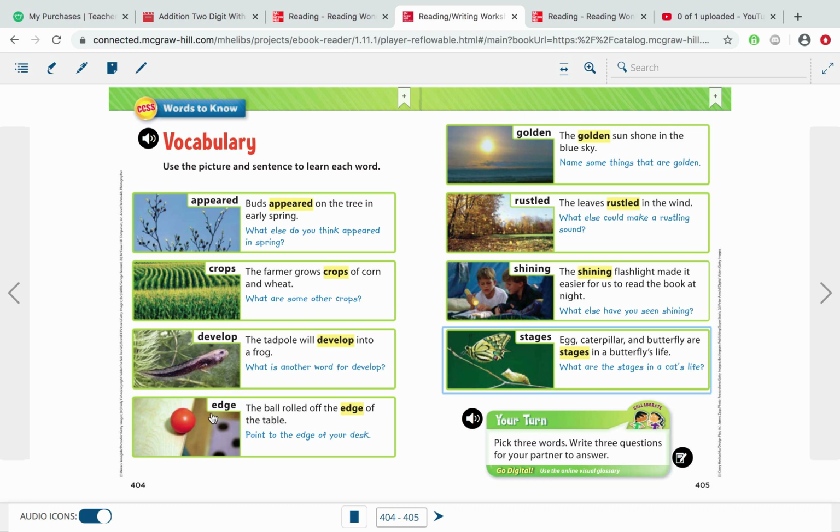Down here to the word edge. Repeat edge. Back up top here, golden. Repeat golden. Nice job, kiddos. And rustled. Repeat. Good. And this word is shining. Repeat shining. All right. And lastly is stages. Repeat stages.